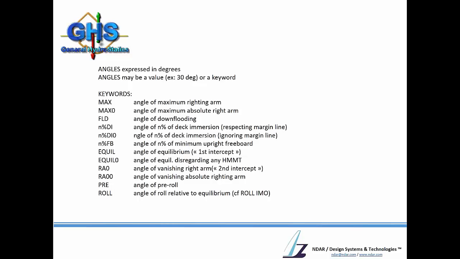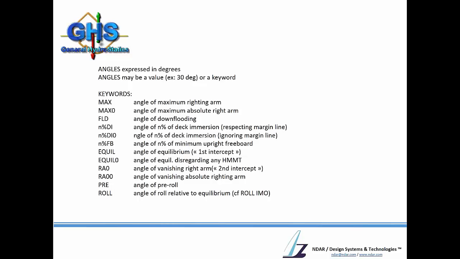And with keywords, GHS is extremely powerful in the sense that it proposes many typical keywords that should address pretty much all regulations. I will just go through the different ones that are offered by GHS.